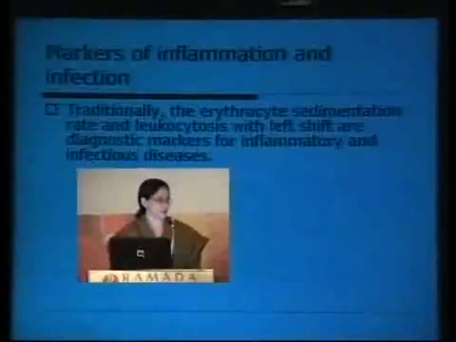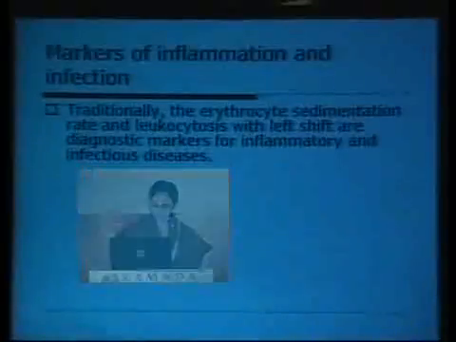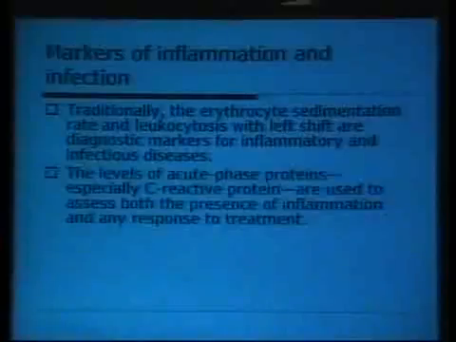So there are many molecules or markers which signify both inflammation and infection. And traditionally, the markers have been ESR and leukocytosis with left shift. But both ESR and leukocytosis just signify inflammation, which may be due to disease activity itself or may be due to infection.